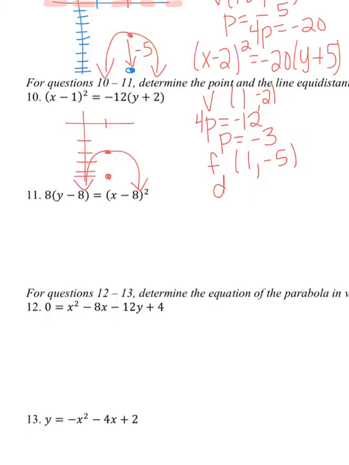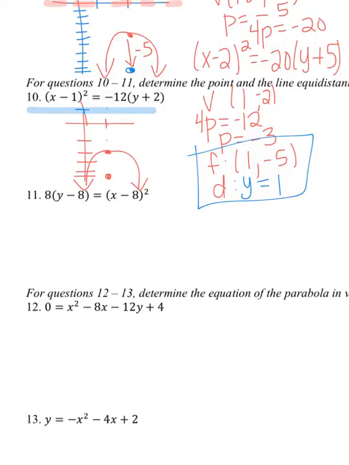And then for the directrix, I'm going to go 3 in the opposite direction. So I'm here, so then I head up 1, 2, 3. That line right here is y equals positive 1. So this is my answer. The focus is (1, -5), and then the directrix is y equals 1.